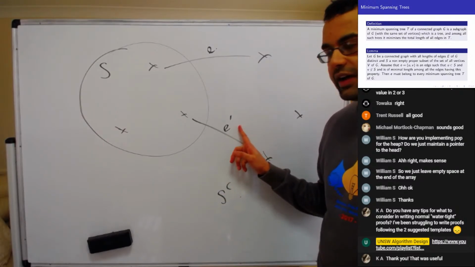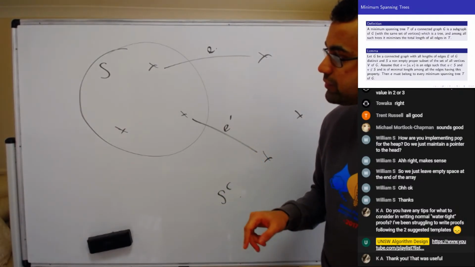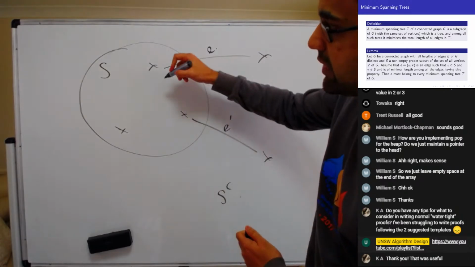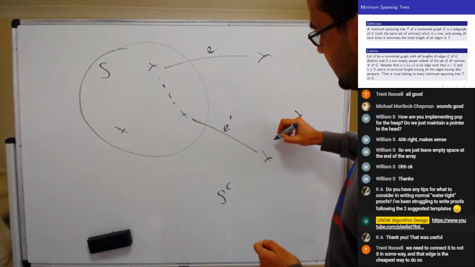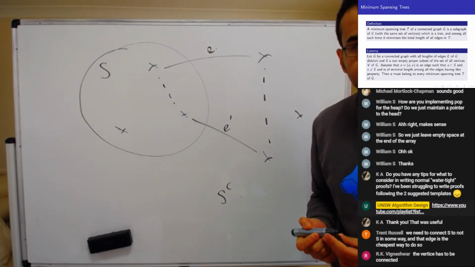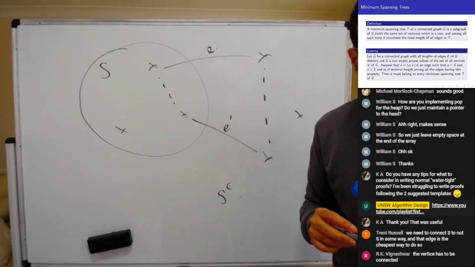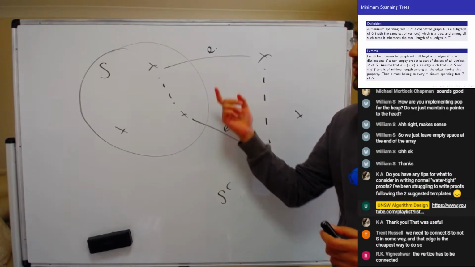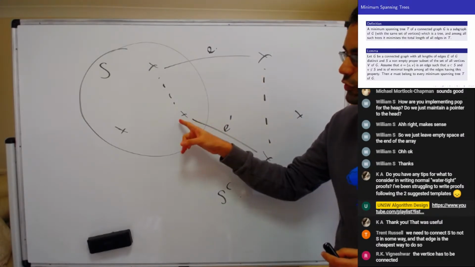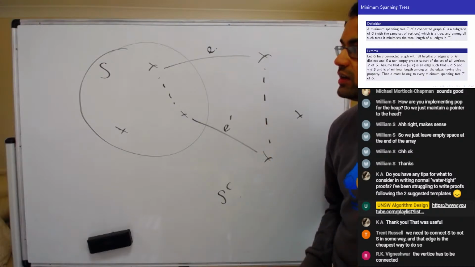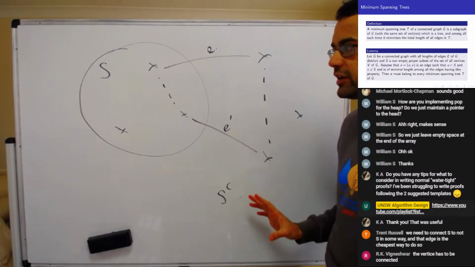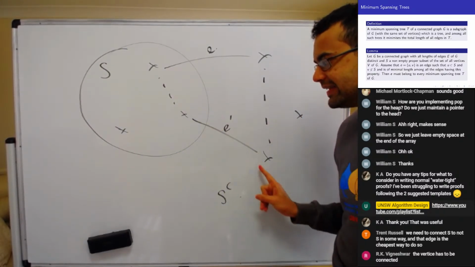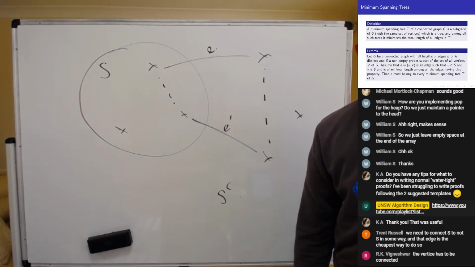If you instead took E dash, which has greater weight, then there's going to be some path between these two. Yeah, exactly. There has to be some connection between S and S dash. And if you took E dash instead of E, this minimum spanning tree can now be improved by deleting E dash and taking E instead.